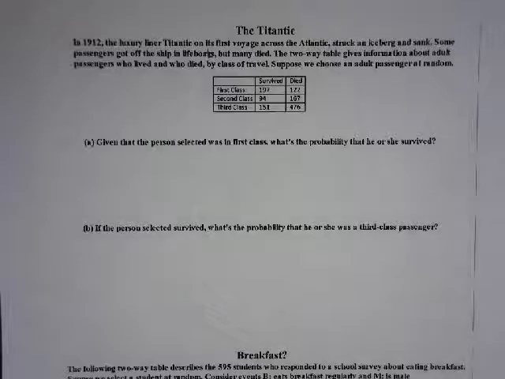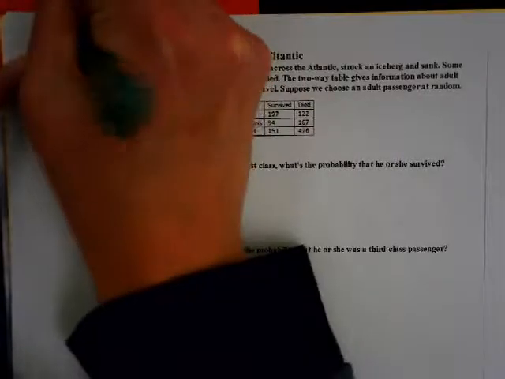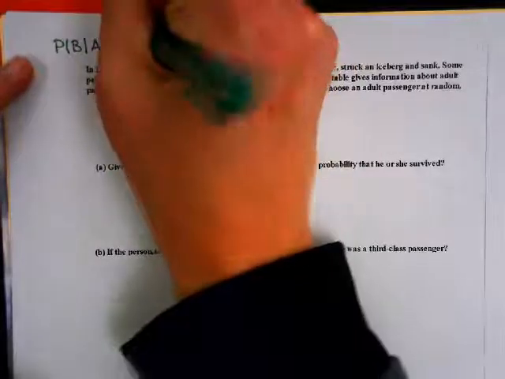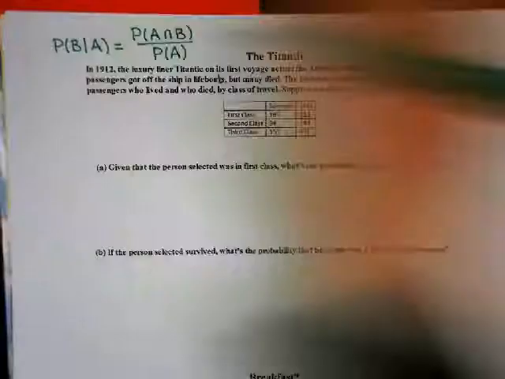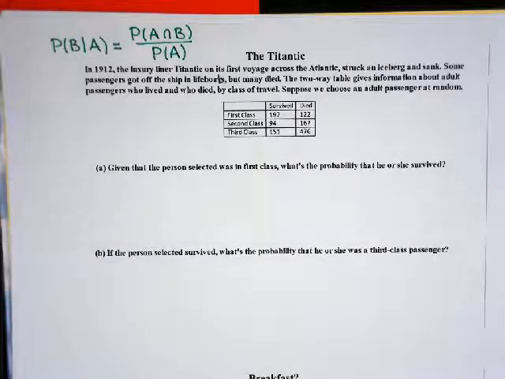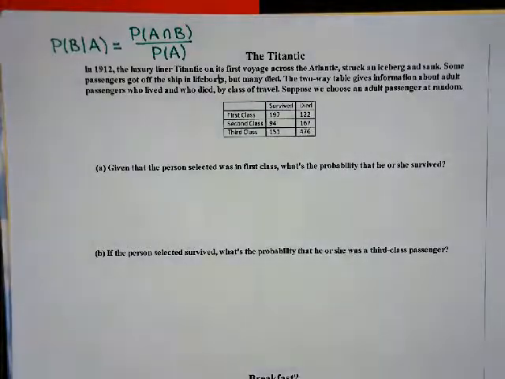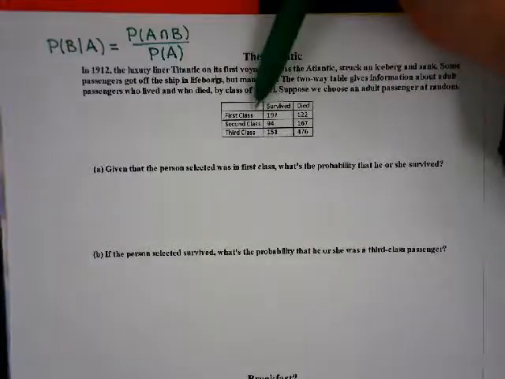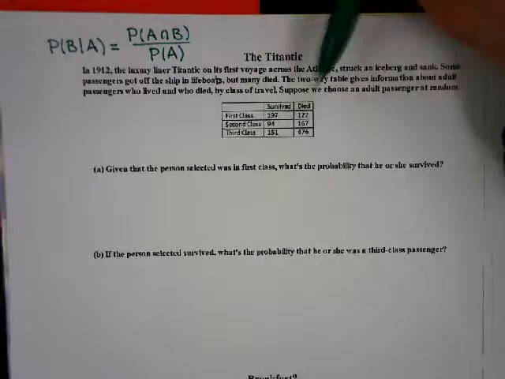So just as a reminder, before we get into this, we're going to use our conditional probability rule that says the probability of B given A comes from the probability of A and B divided by the probability of A. The other thing that we need to do before we get into this, if you look at the table, yes, it gives us class of travel and whether they survived or died, but we don't have any totals.